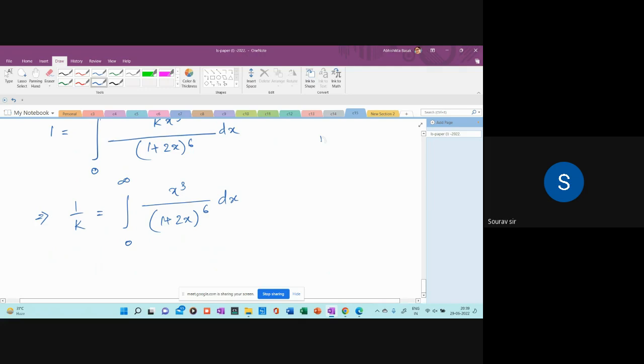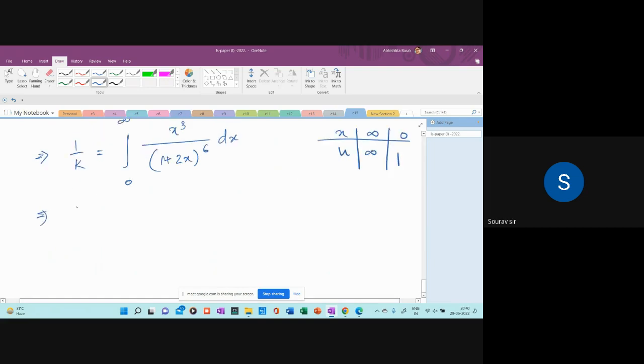Let's take this transformation, u equals 1 plus 2x. Then 2 dx is equal to du, and the range changes: for x infinity, u is infinity, and for x 0, u is 1. So it is 1 by k.